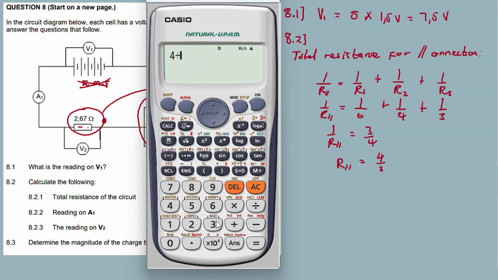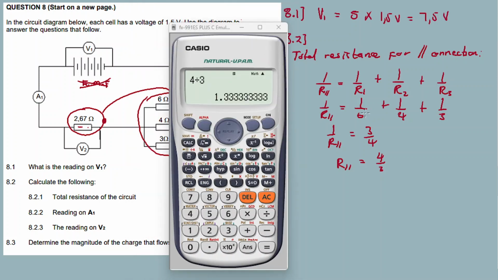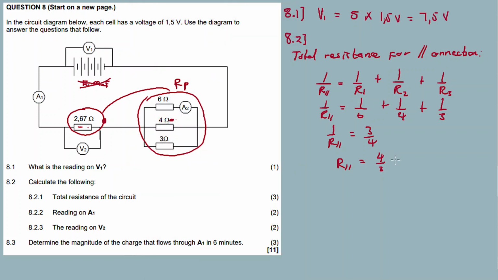So 4 divided by 3 is 1.3333333. Let's take it to 2 or 3 decimal places, 1.333. Then R total, the total resistance for the circuit, is R parallel plus 2.67.